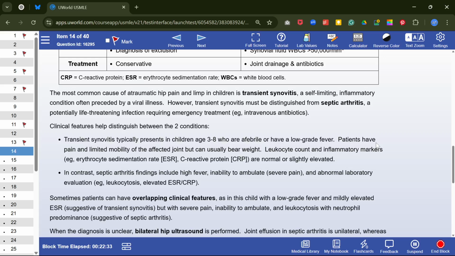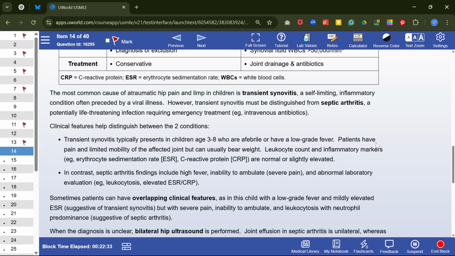Transient synovitis patients typically present as children 3 to 8 who are afebrile or have low grade fever. Patients have pain and limited mobility of the affected joint but can usually bear weight.